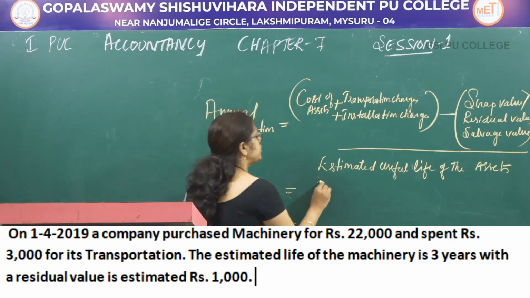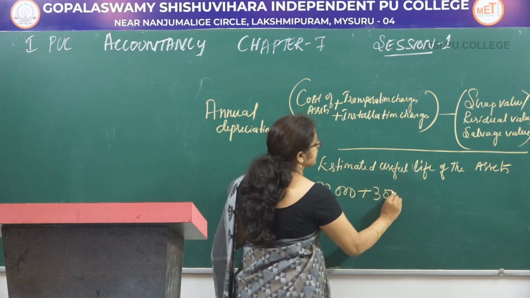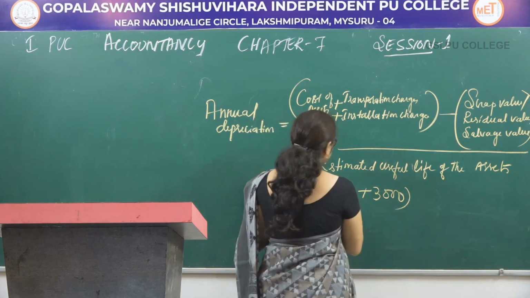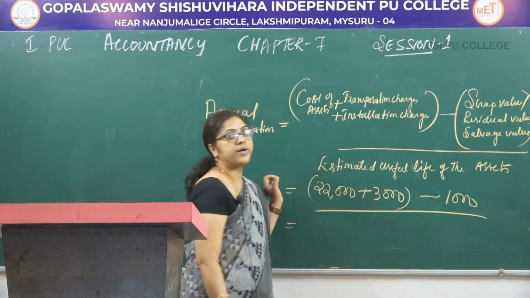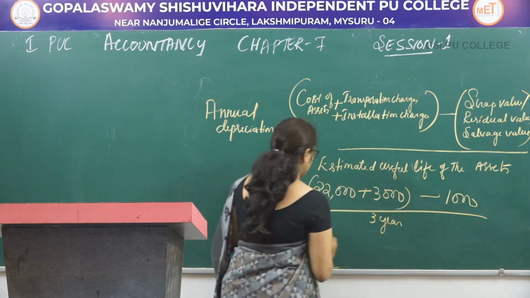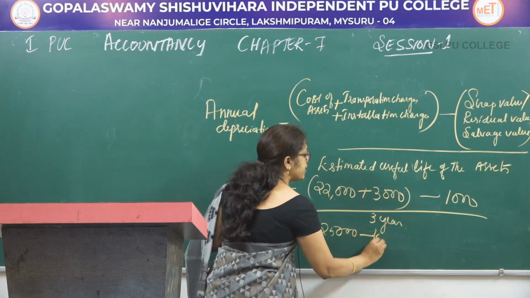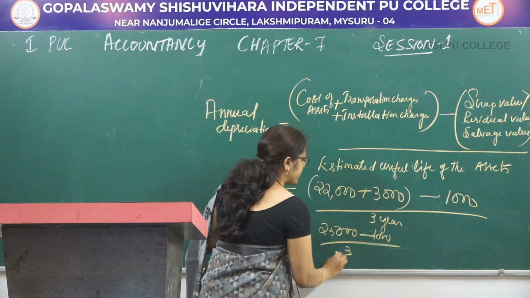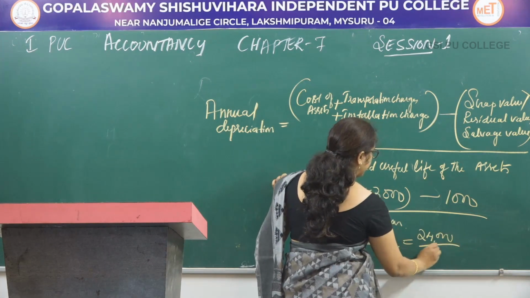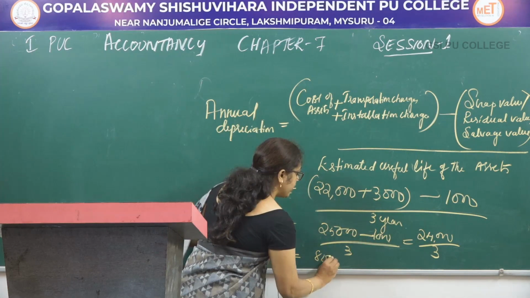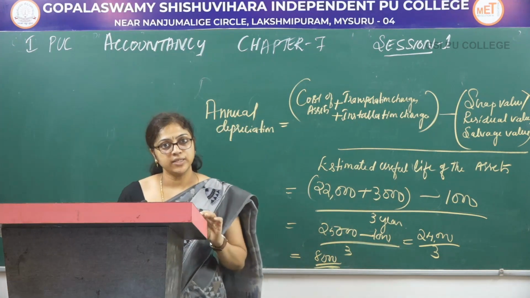Actual cost of the machine is 22,000 plus 3,000 transportation charge minus residual value 1,000 divided by 3 years. 22,000 plus 3,000 equals 25,000 minus 1,000 divided by 3 years equals 24,000 divided by 3 equals 8,000, the annual depreciation during the year.